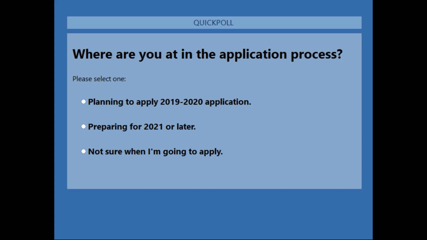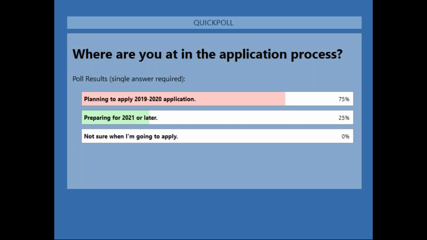With 92% having voted, that's fantastic. I'm going to close the poll and share the results. So 75% of you are planning to apply in 2019-20, and the other 25% are preparing for 2021 or later. Okay, that's pretty much what I expected. And one thing I'm very pleased about is that you all seem very directed and that nobody was in the not sure category.